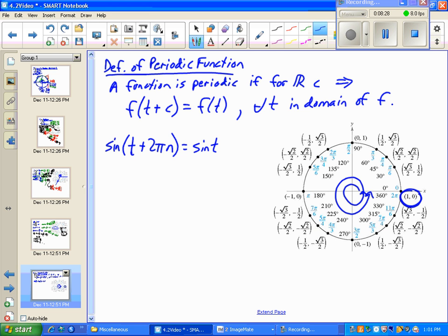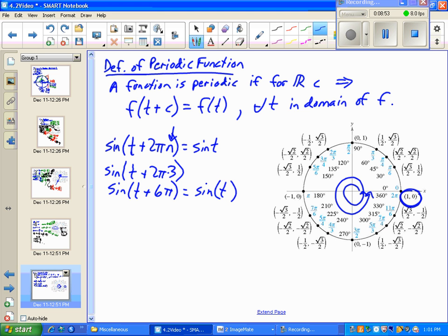So as this n value goes up, like let's say it's 3, we've gone around 3 times. The sine of t plus 6 pi is the exact same thing as the sine of t, regardless of what t you're finding.